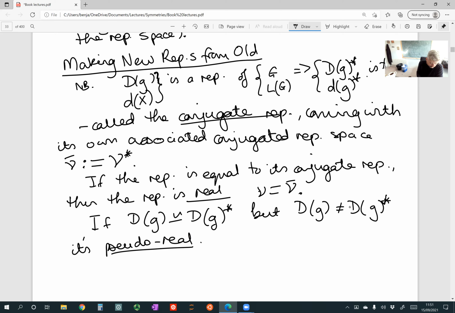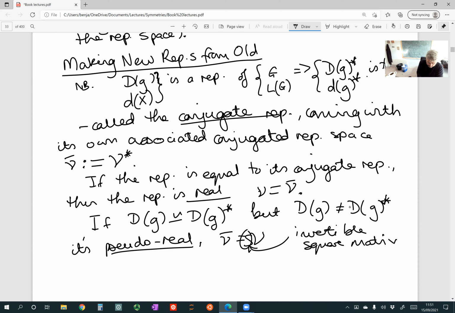In this case, the representation spaces are related by the presence of an invertible n by n matrix, an invertible square matrix S.